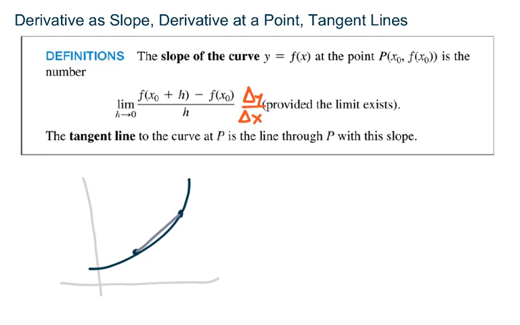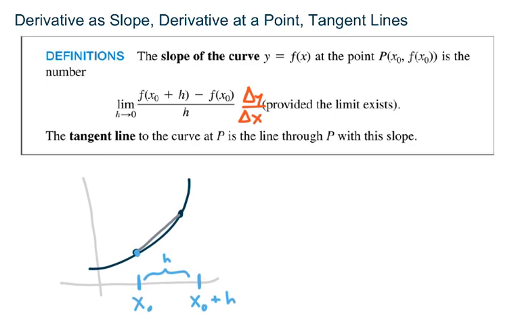So, say these were 2 x values. Say we had an initial x value, x sub 0, which is the x value at the point where we want to determine the slope. And maybe we have another x value off to the right, and we'll call that x sub 0 plus some distance h. So h is this added horizontal distance. It's the distance between my 2 x values.